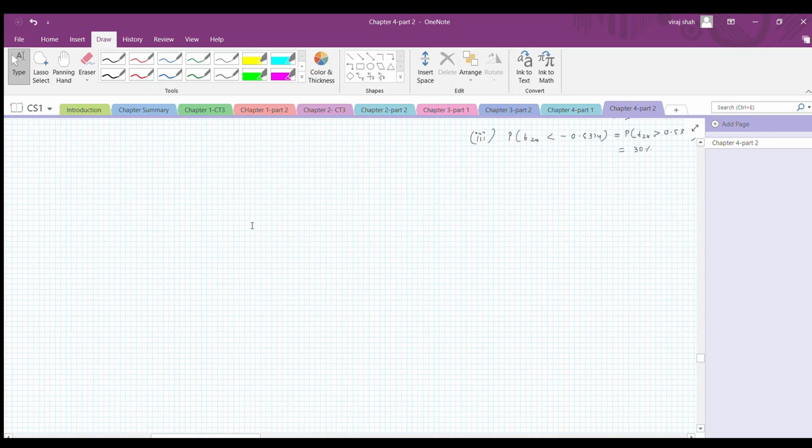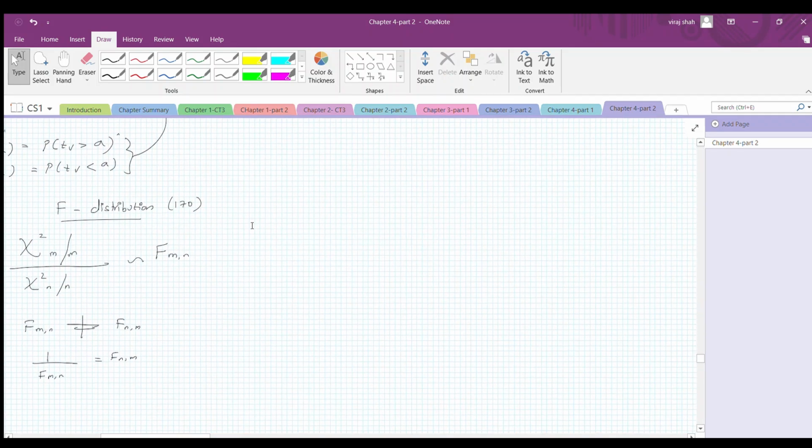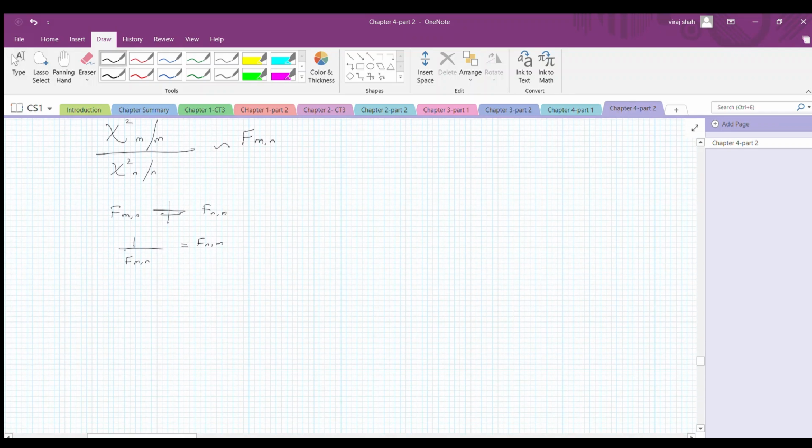If I have a question of finding the probability of F(5, 4) greater than 4.051, my graph is somewhat like this, and this part is colored. If the latter part is colored, this means that I have been given greater-than probabilities. So if I want to find F(m, n) greater than a, this would be given in the tables.